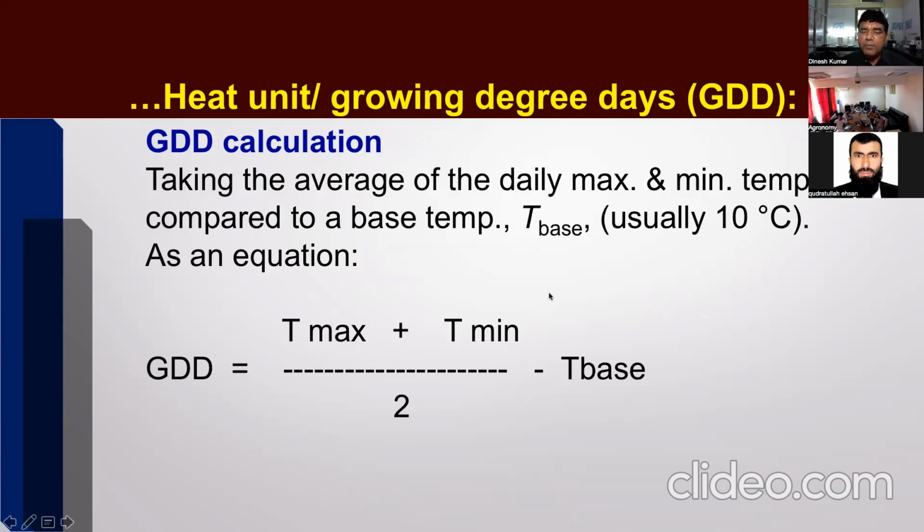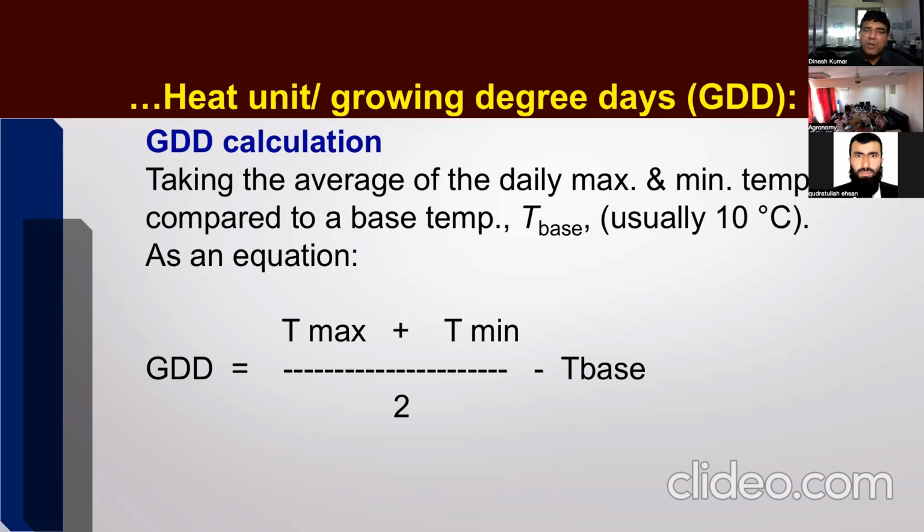You take that value plus the minimum temperature, divided by 2, and the whole minus the base temperature. Here 10 degrees centigrade will come. So this will calculate the heat unit received by the plant in 1 day. It is for 1 day.